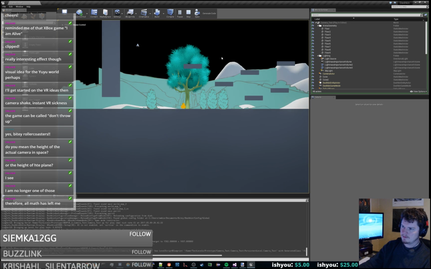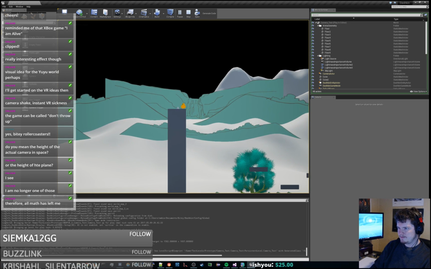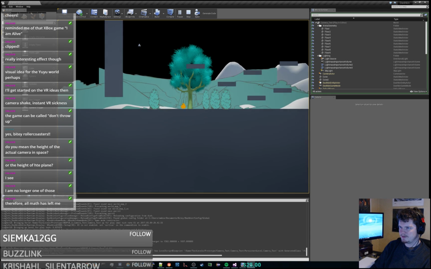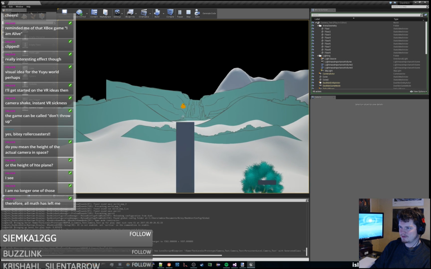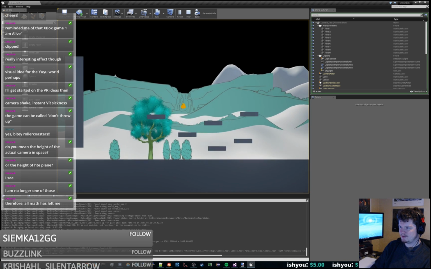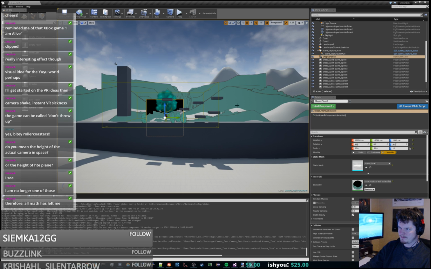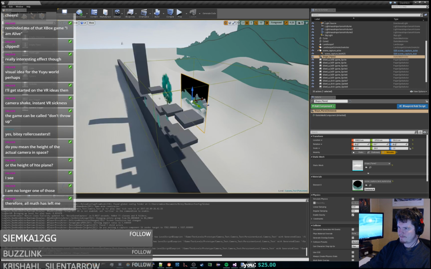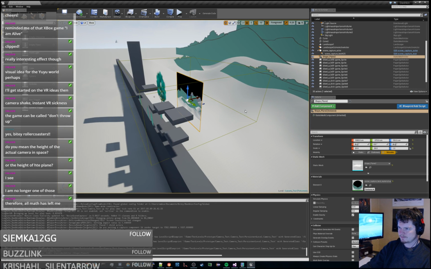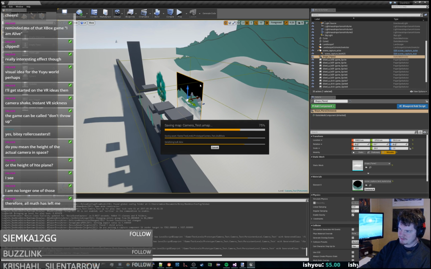So that's in the right spot as it should be, and it's also the right size. The only issue is it's drawing behind. So when we draw this texture here, we need to actually draw the depth test.